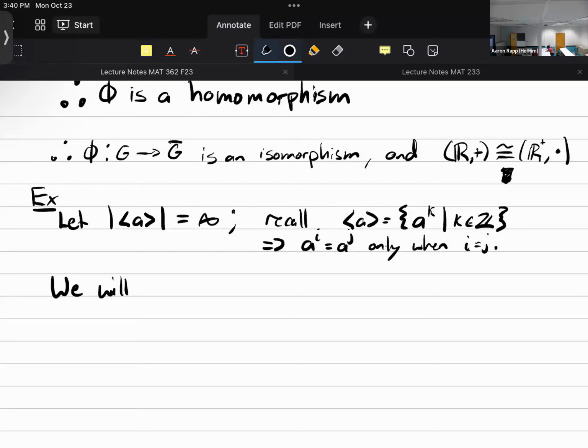So what we're going to do over the last 10 minutes is show that this cyclic group generated by A is really just a different form for your integers and addition. That is stated differently, that it's isomorphic to the integers and addition.